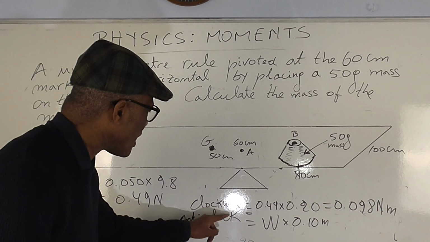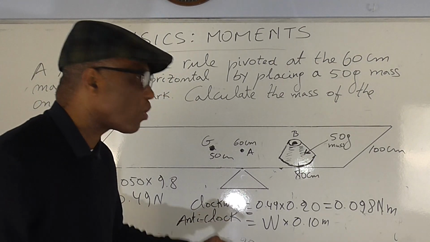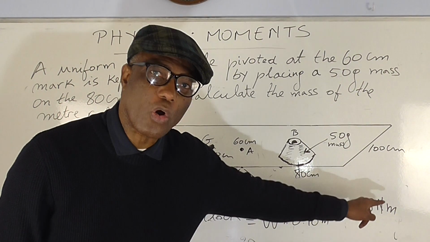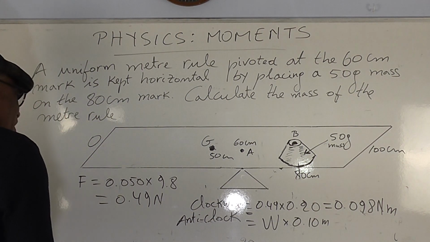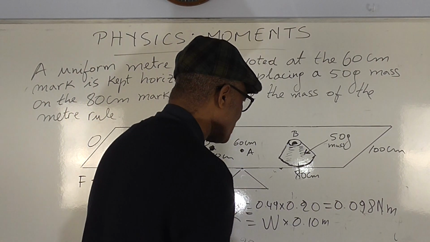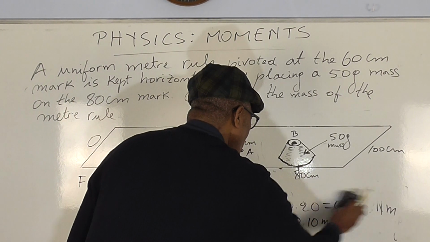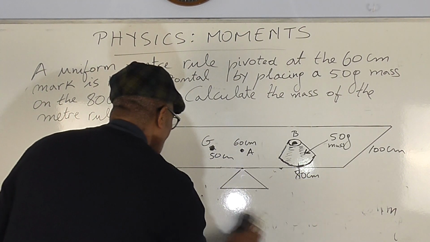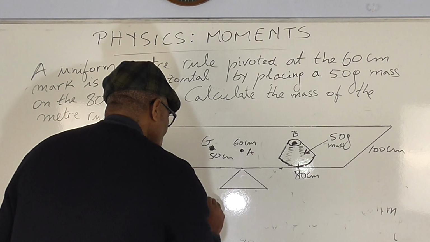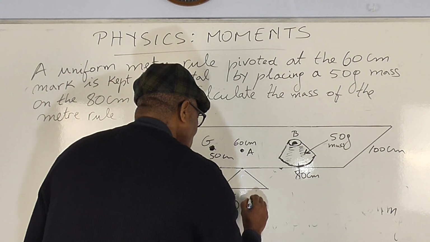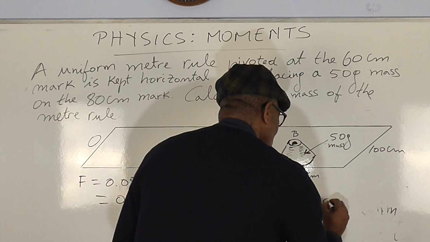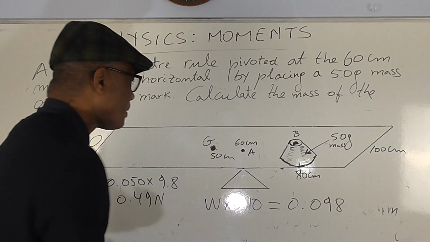Now, the clockwise moment has to be equal to the anti-clockwise moment. So W multiplied by 0.1 has to be equal to 0.098.